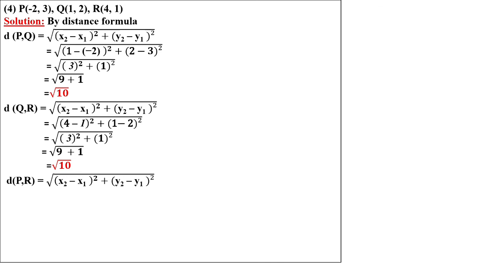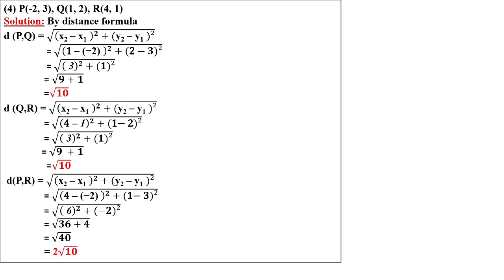So x2 is 4, 4 minus minus 2 and 1 minus 3. So here we get minus minus plus, 4 plus 2 is 6. 1 minus 3 is 2, the bigger number is 3, so minus 2 came. The square of 6 is 36, the square of minus 2 is 4. We get 40. 40 we'll do the prime factorization. We get 2 under root 10.